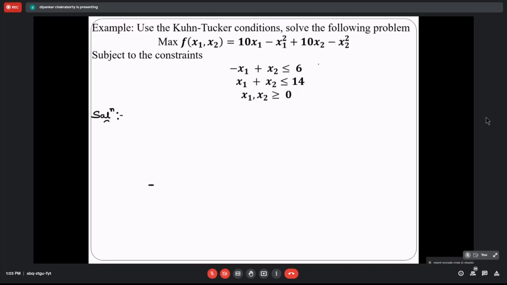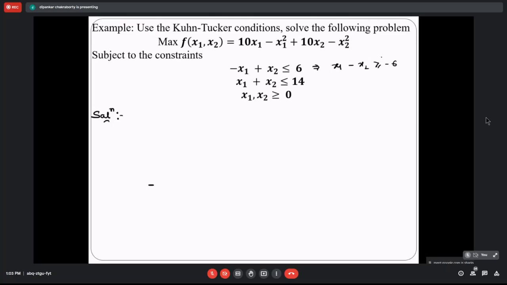It may happen that one of the constraints may be given like x1 minus x2 greater than or equal to minus 6. In this form, this is not a standard maximization problem. So how do we convert it into the standard maximization problem? We are going to multiply by minus 1 here.